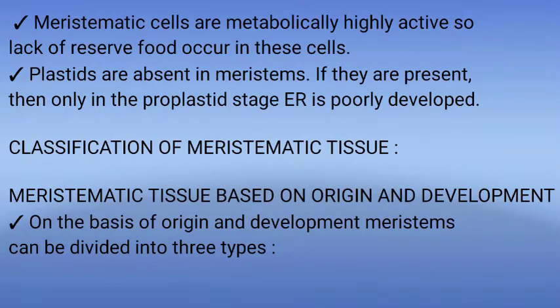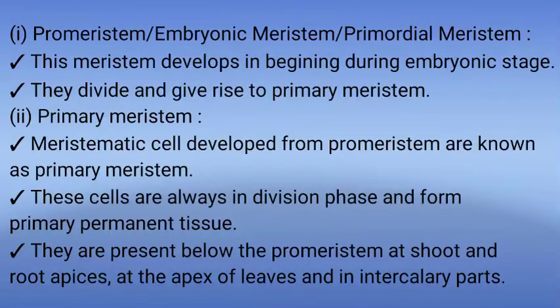Number 3, lateral meristem or secondary meristem. Number 1, promeristem or embryonic meristem or primordial meristem. This meristem develops in the beginning during the embryonic stage. This meristem divides and gives rise to primary meristem.